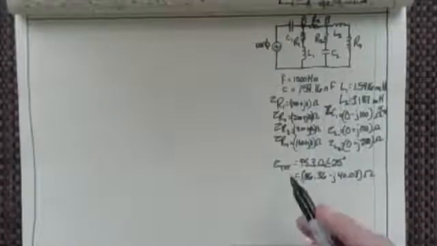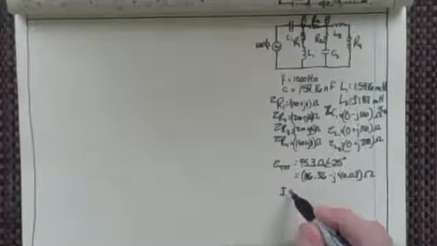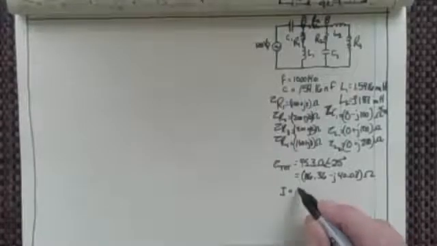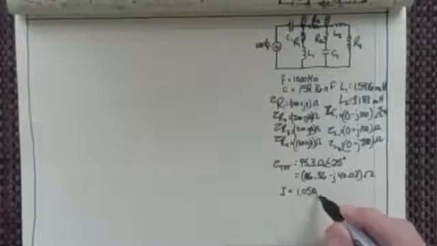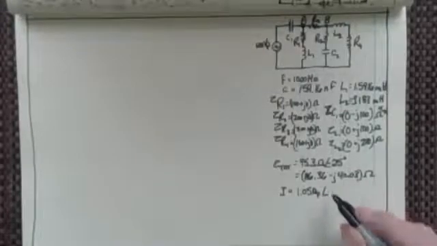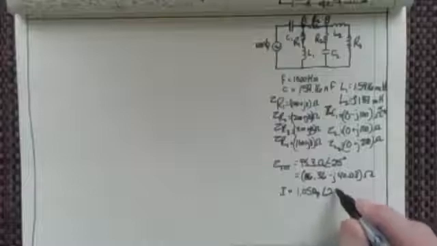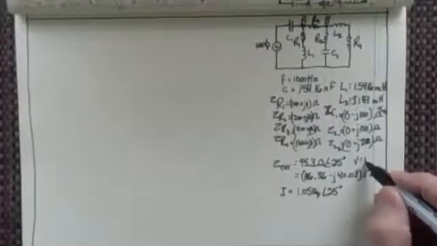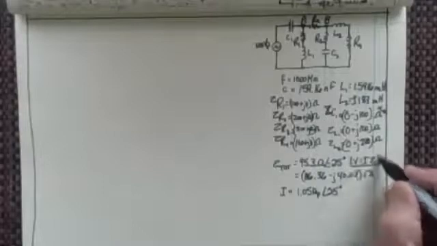We also found out what the current was. The current through the system was 1.05 amps peak at an angle of 25 degrees. I'll refer you to the last lecture to see where that came from, although you could probably do it yourself by remembering that V equals IZ, which is true with complex numbers just as it is without them. That's what we're going to see today when we figure out the voltage drops.